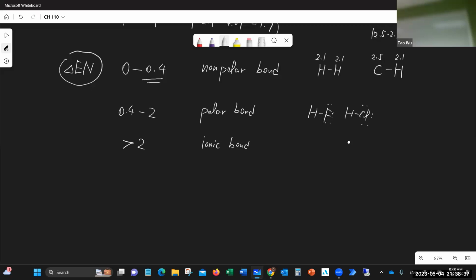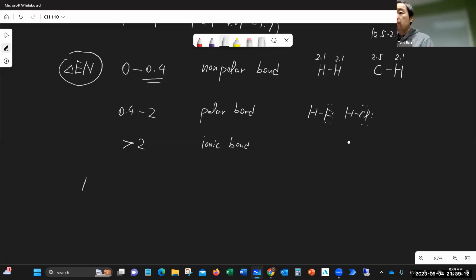Okay, so the next one is nitrogen and hydrogen, and oxygen and hydrogen. Remember the trends. We talked about this. Here is the biggest, and this here is the smallest. In other words, they include two trends: from top to the bottom is getting smaller, and from right to the left is getting smaller for the electronegativity.